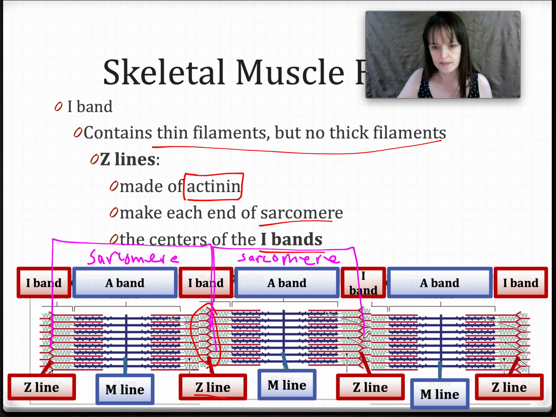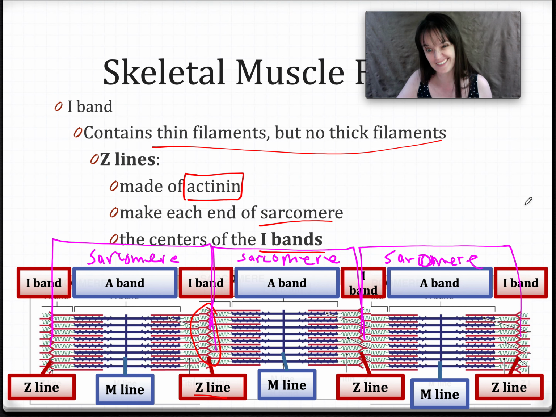You're with me or not. And then from Z line to Z line is a sarcomere. Sarcomere. A little bit.